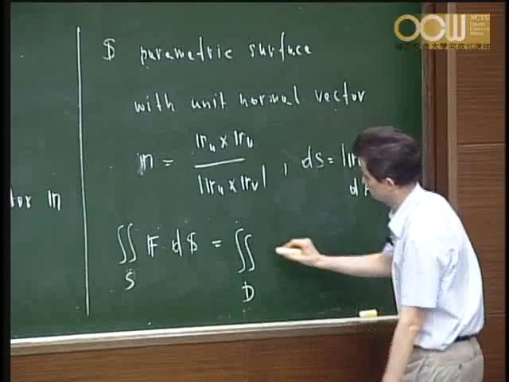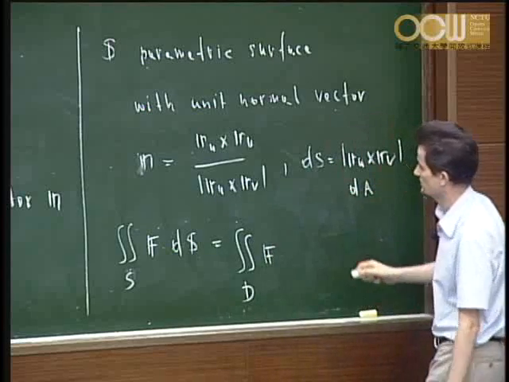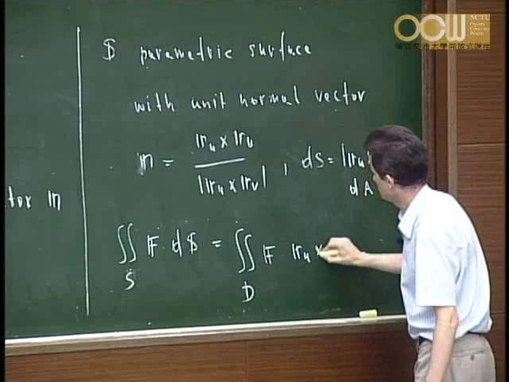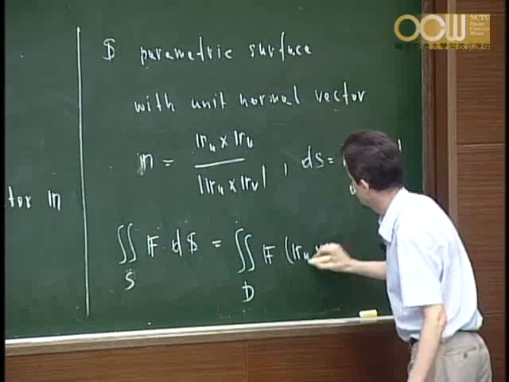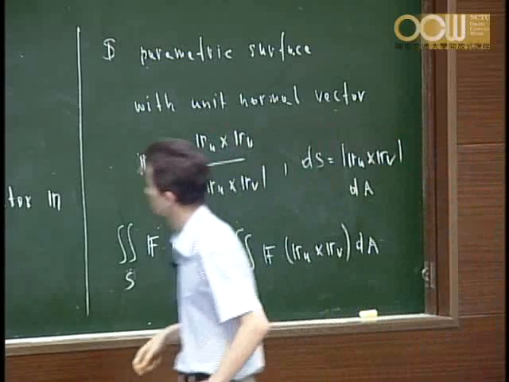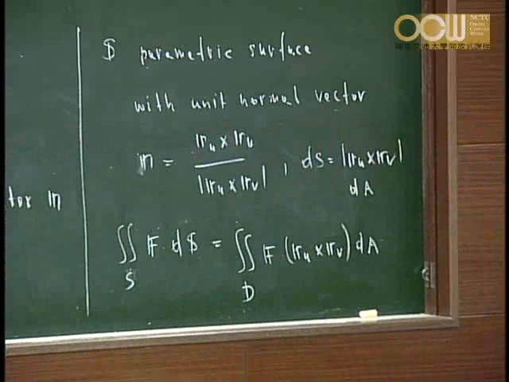Then what we have is f times this, and you see that this here cancels out. So what you have is this here. This is the special case where we have a parametric surface.